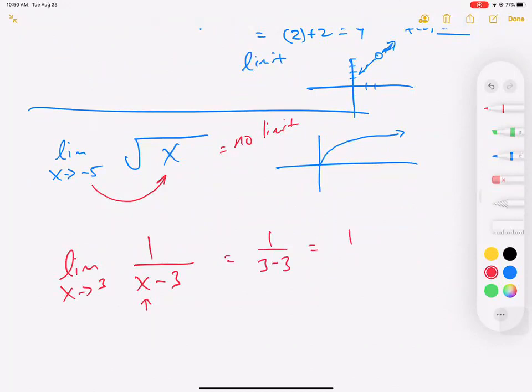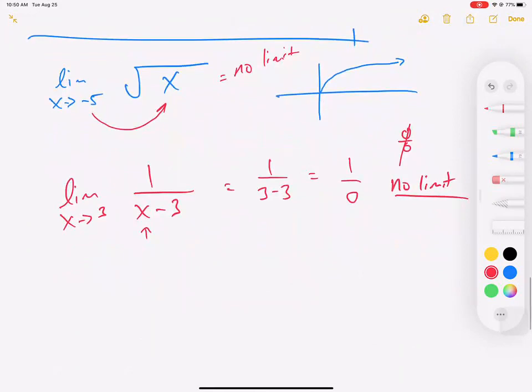Now, this leads us to 1 over 0. Is this indeterminate? It's not, because it has to be 0 over 0. So since it's not indeterminate, the answer is no limit. Please be okay with saying no limit when something doesn't become 0 over 0. For us, if it's a rational problem, a fraction problem, and it's not 0 over 0, the answer is no limit.